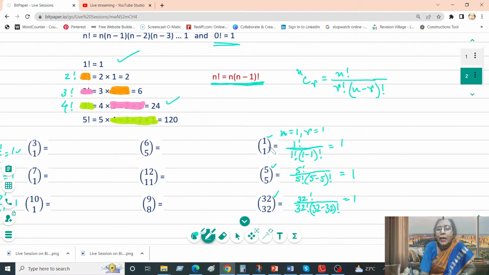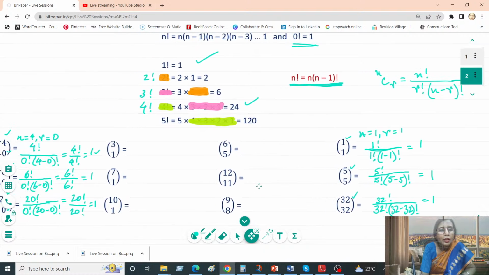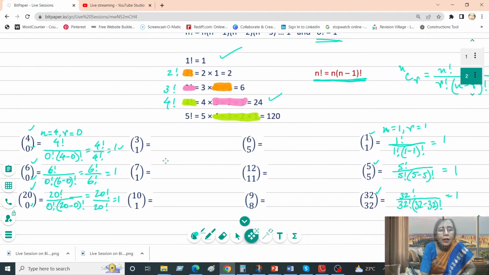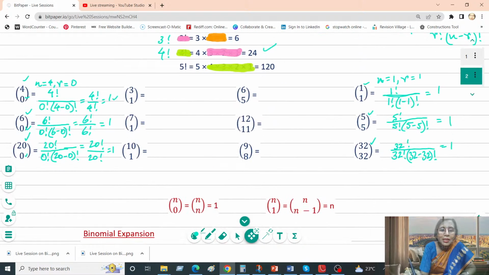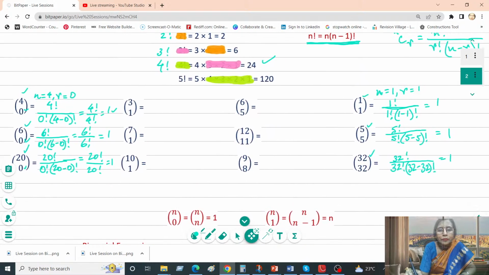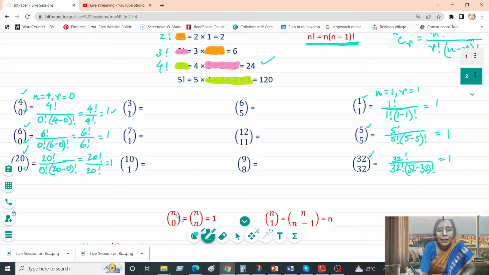Or we can say NCN, because r is equal to n. So NCN is equal to 1. And when the r value is equal to 0, that means NC0 is also equal to 1. These two we have found. So this is the relation NC0 equal to NCN equal to 1.